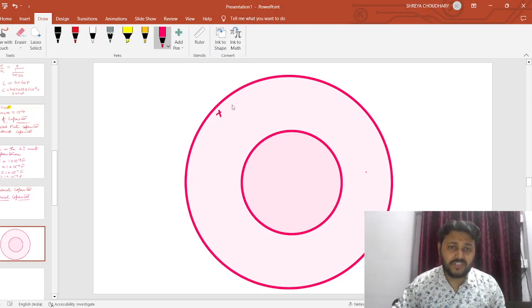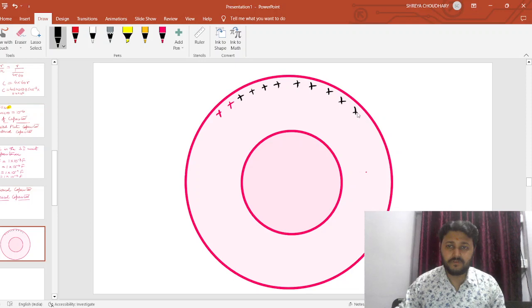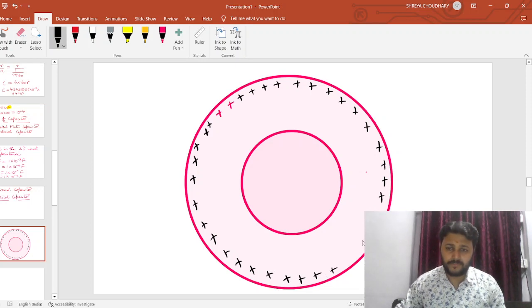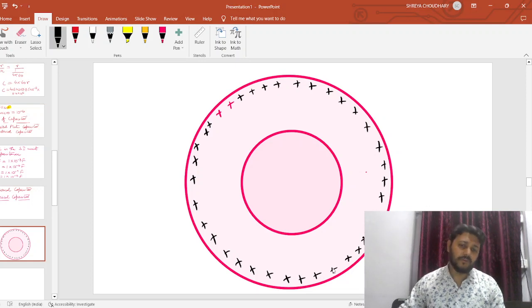Now the positive charge is being given to the inner face of this conductor. It will be seen like this. Due to the positive charge, negative charge will get induced over here.